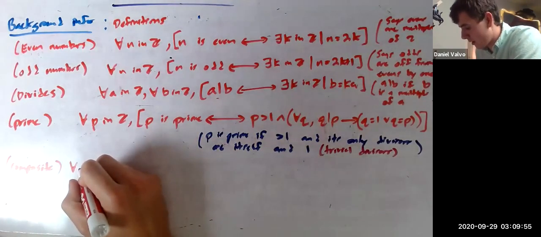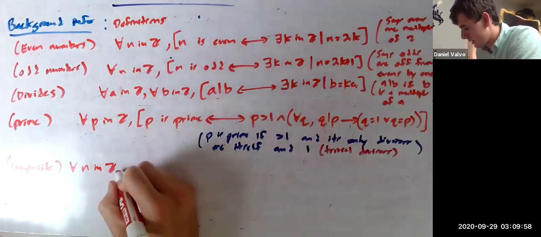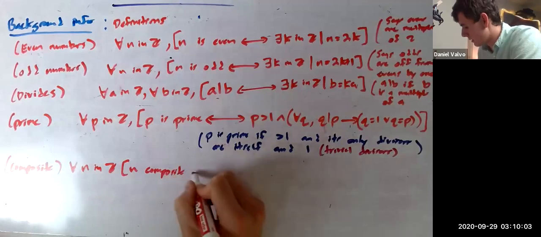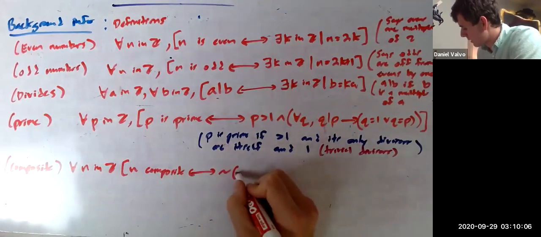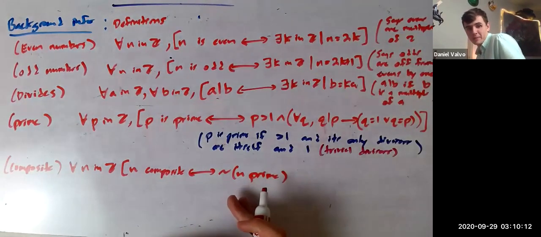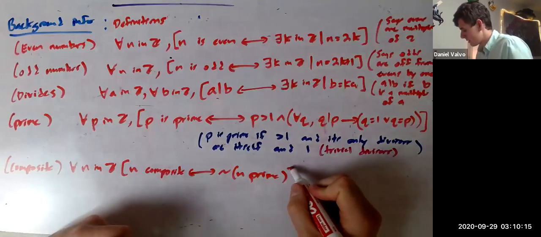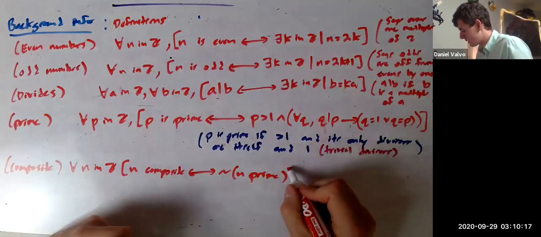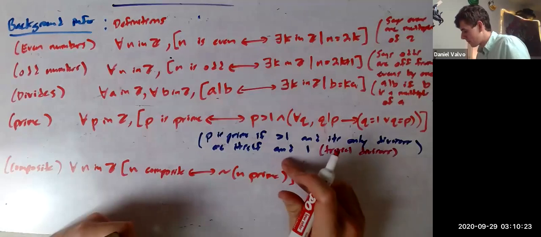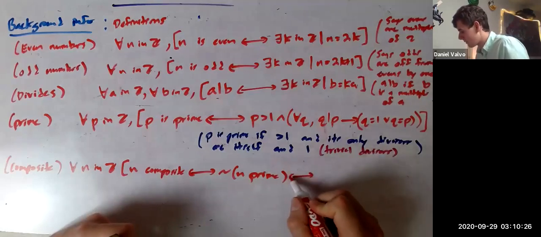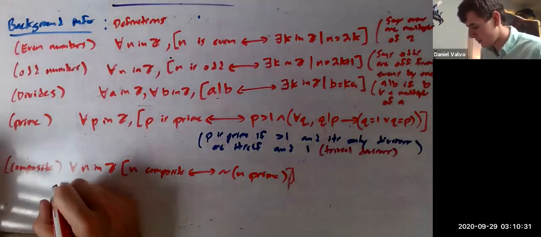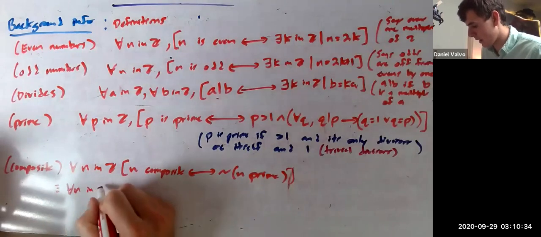And so we could say for all n in Z, n is composite if and only if we have the opposite of n is prime, right? n's not prime. But what's this mean?